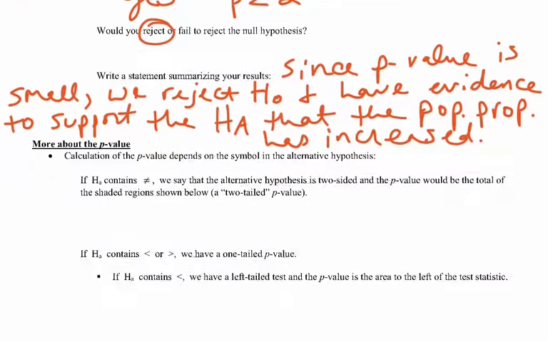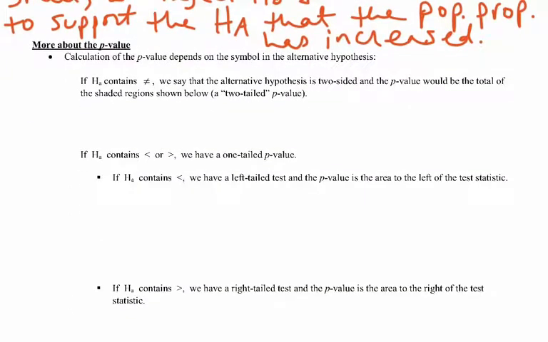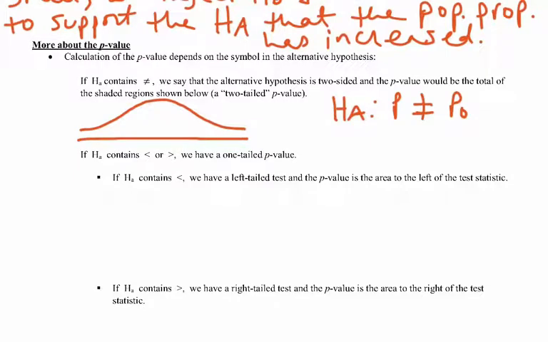So a little bit more about the p-value. The calculation of the p-value depends on the symbol used in the alternative hypothesis. Remember that if we have a not equal to, that means we have a two-tailed hypothesis. If your alternative is written such that p does not equal p naught from the null hypothesis, then StatCrunch is going to have a test statistic that's negative, like a negative z-score, on one end, and a positive z-score on the other end.